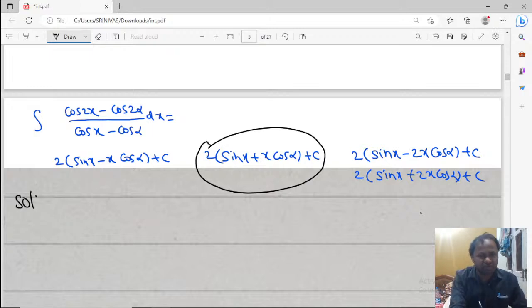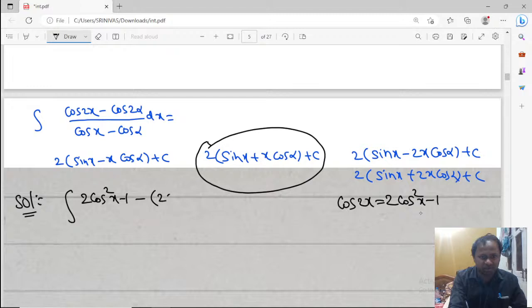So even though, let us see the solution. Integration of cos 2x, formula, cos 2x is equal to 2 cos square x minus 1. So 2 cos square x minus 1 minus of 2 cos square alpha minus 1 divided by cos x minus cos alpha into dx. Here minus 1 cancel.